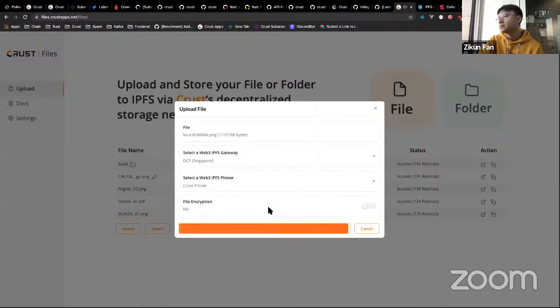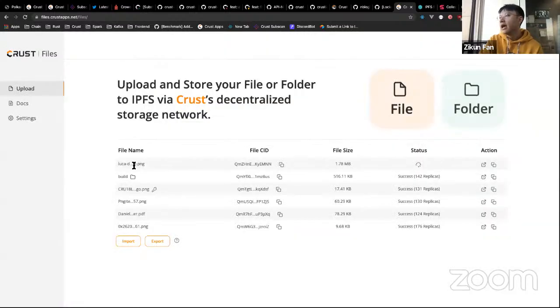Okay, it's done. And I already uploaded this file to the remote IPFS gateway, and the status is submitted, but later it will be accepted by the Crust chain.